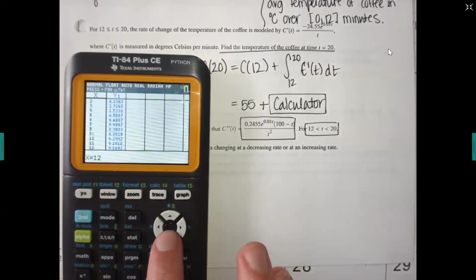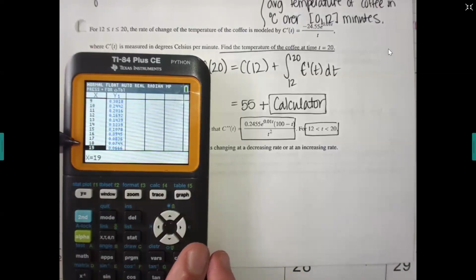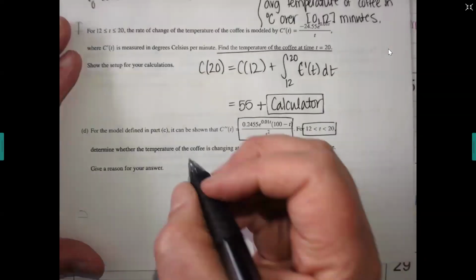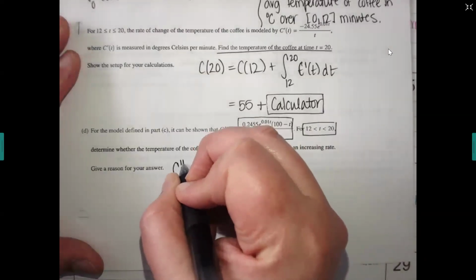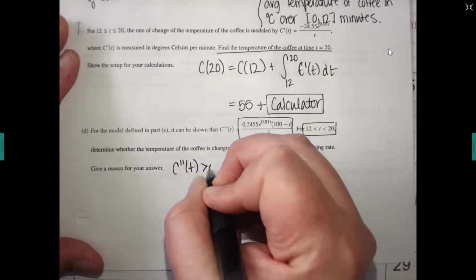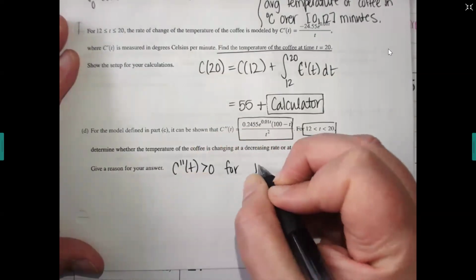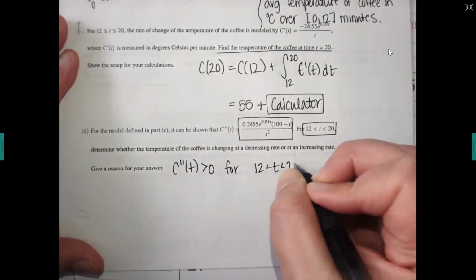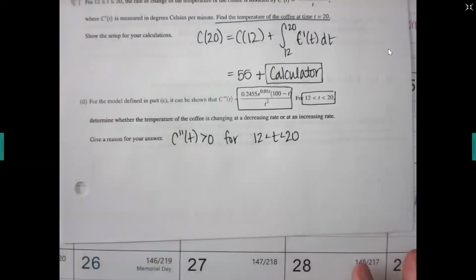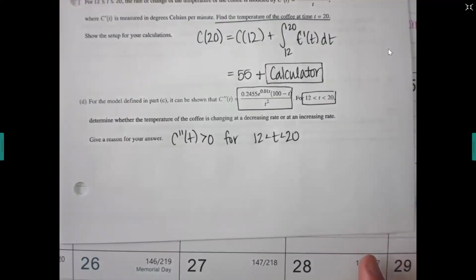What types of numbers do I see at 12? They're all positive. They're tiny, but they're all positive. So that tells me that my C double prime of T is greater than 0 for 12 to 20. And that tells me that my graph is concave up.